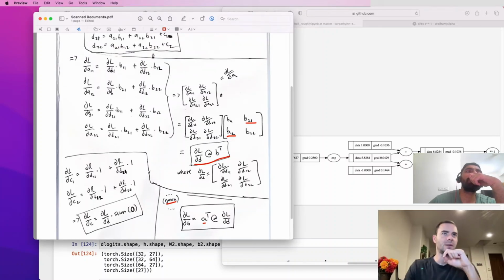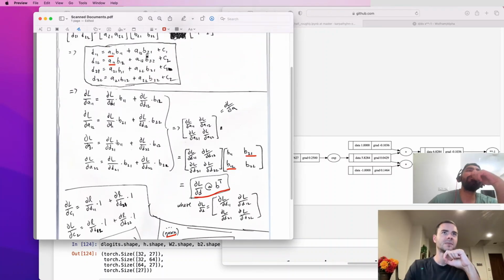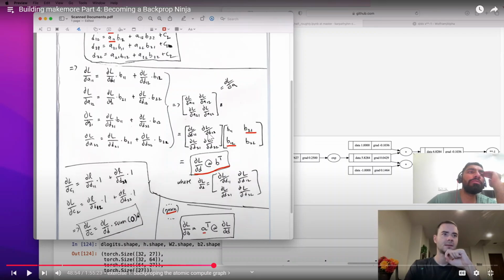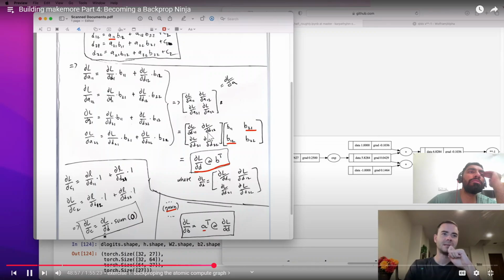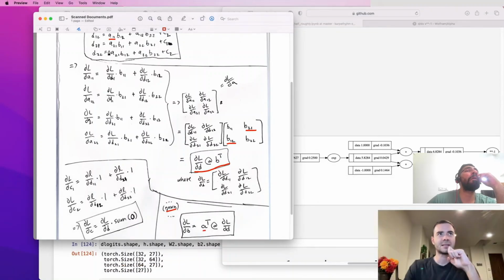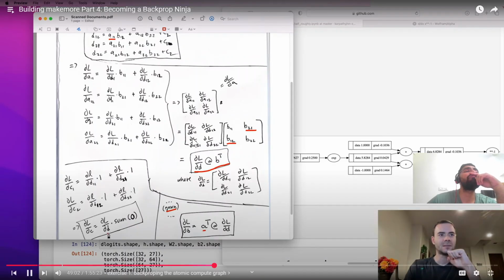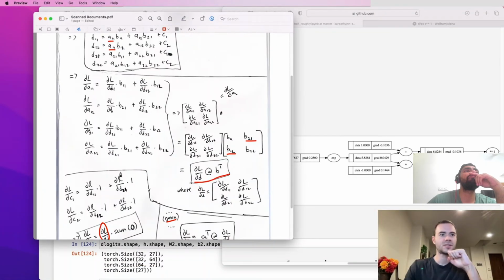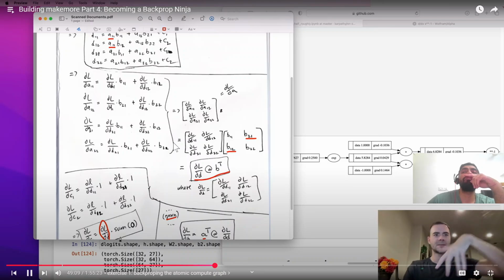And then for the offsets, C1 and C2, if you differentiate with respect to C1, you will find an expression like this, and for C2, an expression like this. Basically you'll find that dL by dC is simply, because they're just offsetting these expressions, you take the dL by dD matrix of the derivatives of D and sum across the columns.